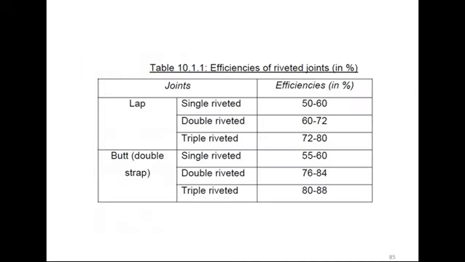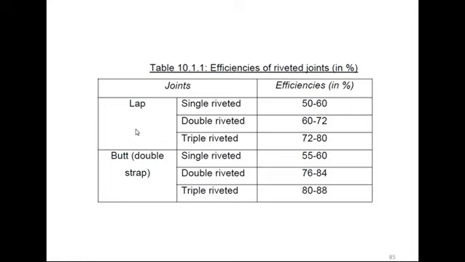The next one is a very important thing. Here the efficiencies of riveted joints are given in percentages, for whatever types we have seen and learned. What percentage of efficiency do these rivets have? First, the lap single riveted joint has 50 to 60% efficiency.